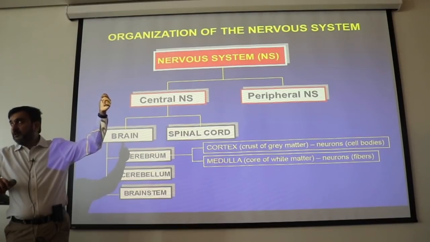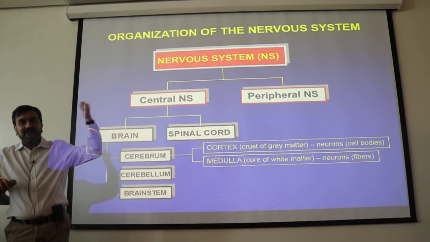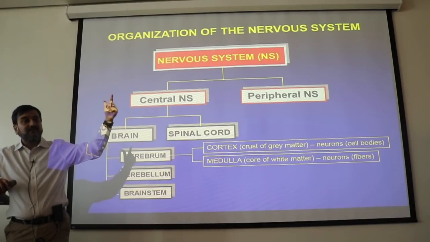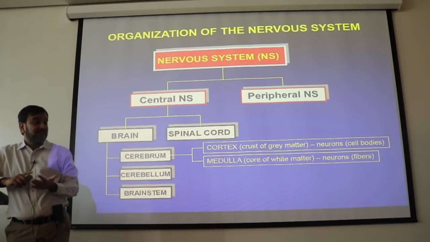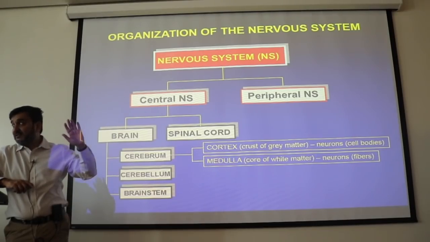So what do you mean by motor function? Any movement. That is your motor function. Sensory function could be general sensations like pain, temperature, touch, fine touch, vibration, proprioception. All these are general sensations.